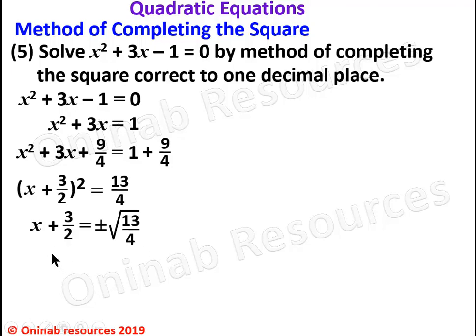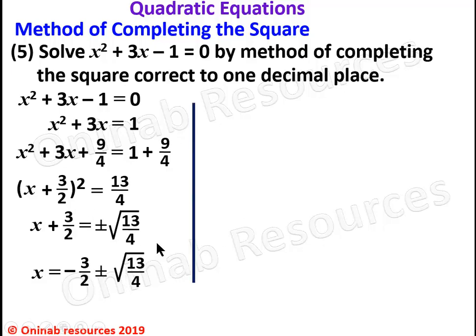So we go x is equal to negative 3 over 2 plus or minus square root of 13 over 4. So we simplify this. We can have it as x equal to negative 3 over 2 plus or minus square root of 13 over 2, since square root of 4 is 2.